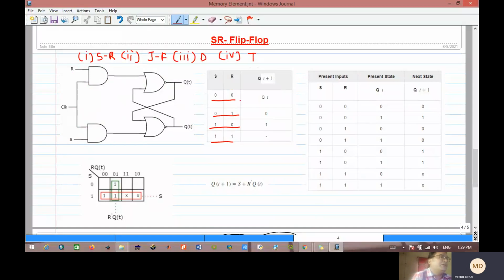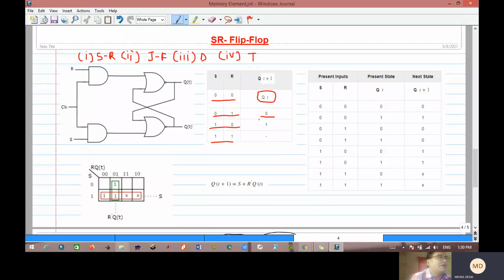So here inputs 0 0, 0 1, 1 0 and 1 1. When input is 0 0, based on the previous latch information, we get the output equal to QT, means whatever previous output is there, that output we get at the 0 0 inputs. Now 0 1, then QT plus 1, this is the next state, this is the present state.